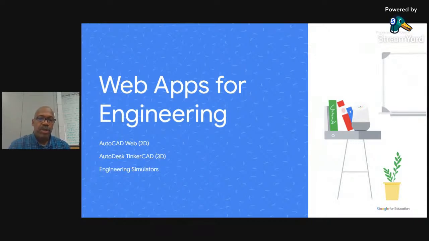But we were able to use successfully AutoCAD Web and Tinkercad for 3D, and also homestyler.com. All of these are free CAD programs that any engineering education system can use free, and almost any device can access those apps.